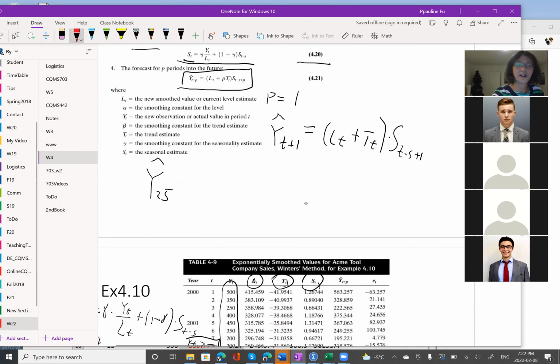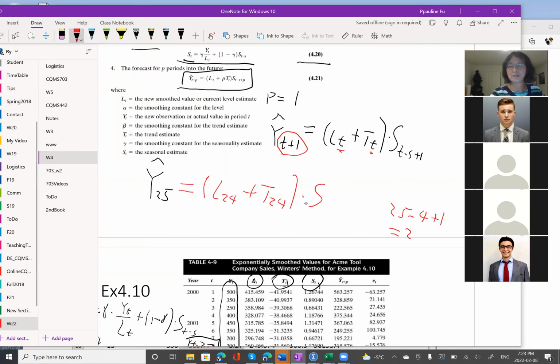Okay, so I want to forecast for 25. When you forecast T plus 1, you need to use T here, subtract the period before it. So you need to use L24 plus T24 times S. You need to figure out this. When T equal to 25, S equal to 4. What is this number? 21 plus 1, 22.